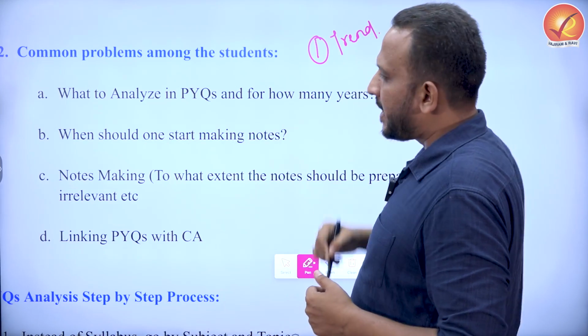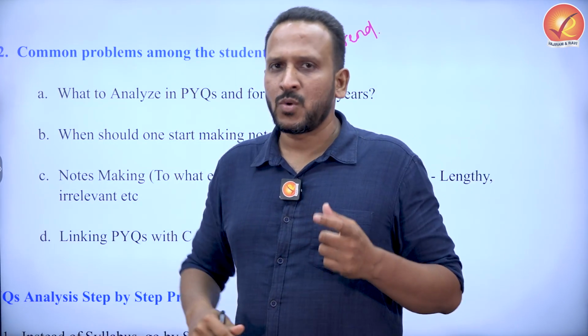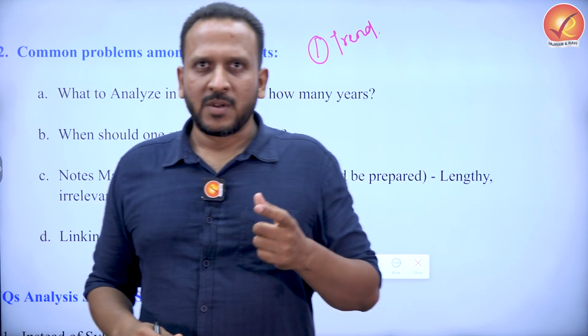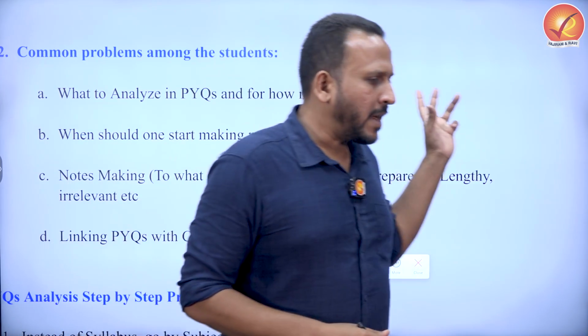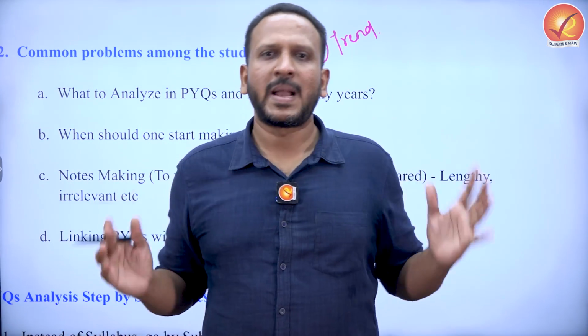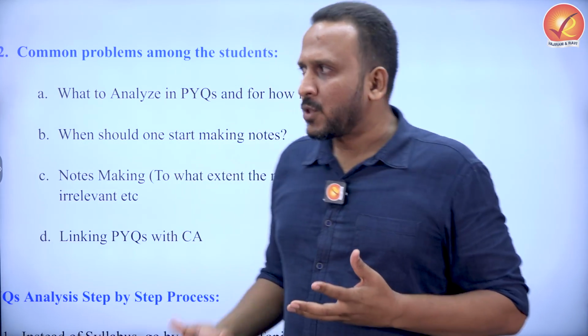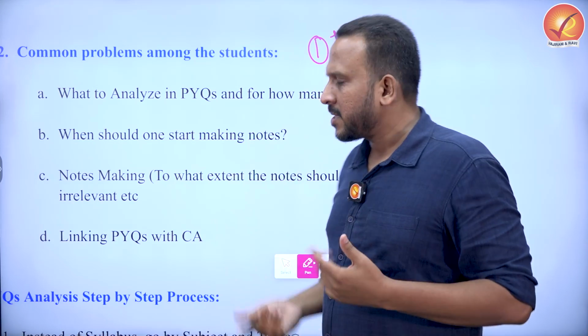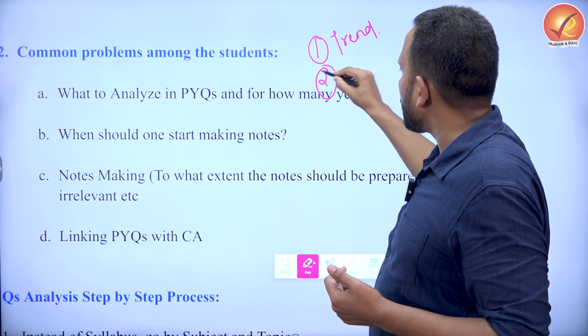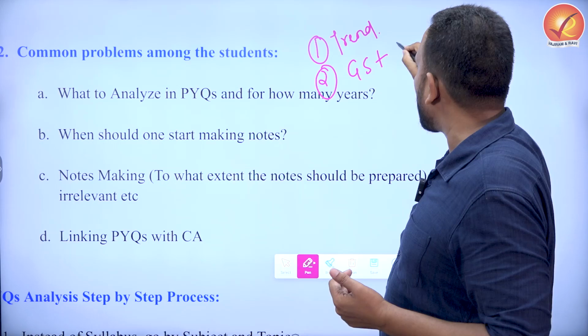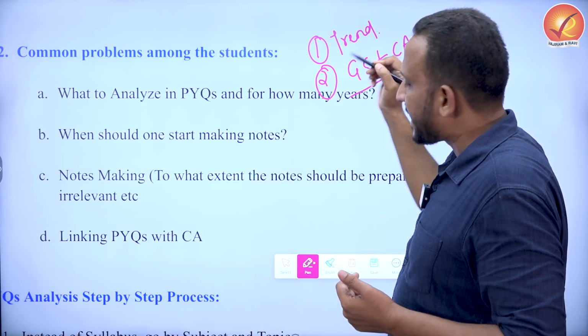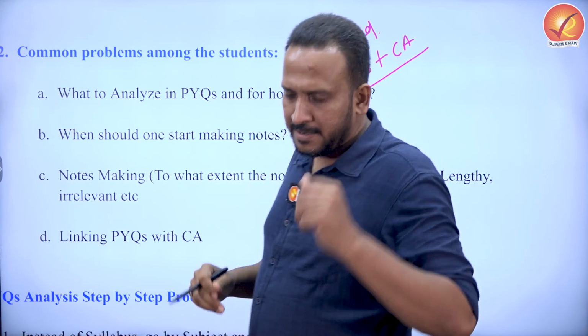Apart from the trend, what else have you thought of? Now we are blank. Blank means, what else can we identify? But some students say we can find out how the GS topics are linked with the current affairs topics. That can be found out, that is okay, fine, right?